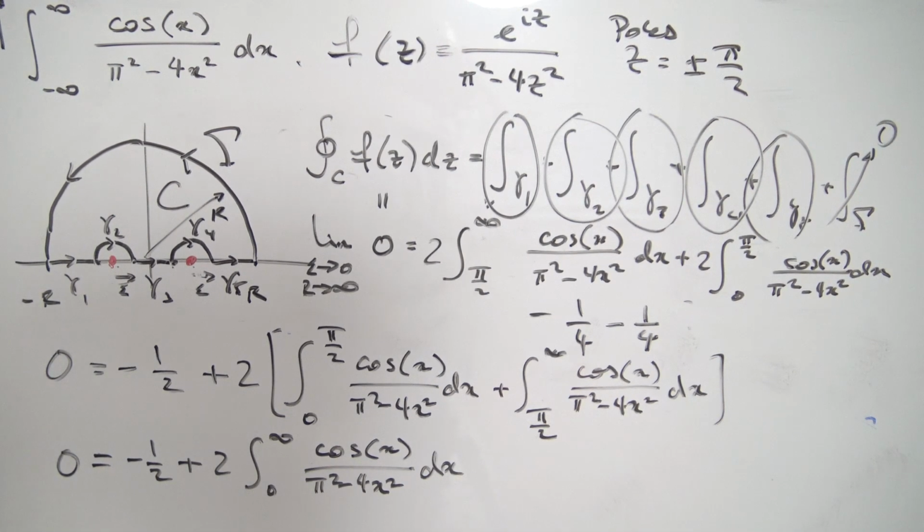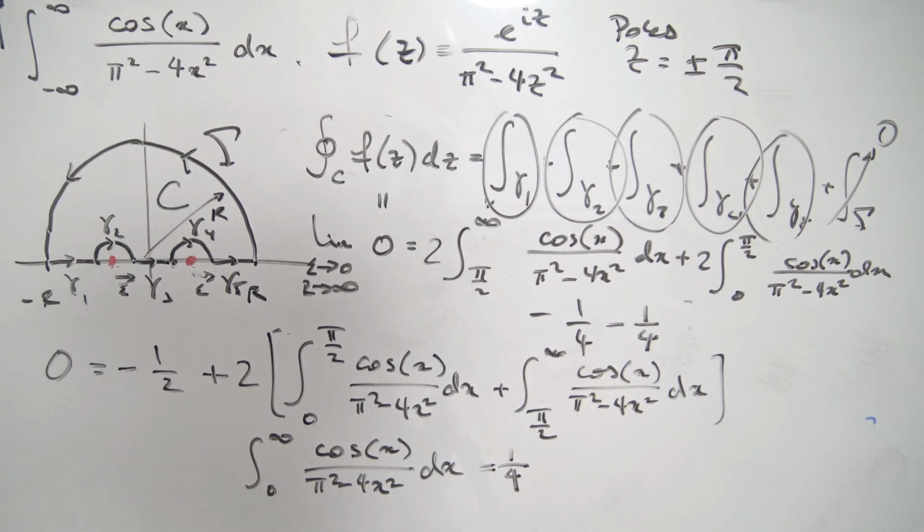And well, what can we do from here? We can move the 1/2 onto the other side, which means that we have half out here being equal to 2 times the integral from 0 to infinity. And to isolate this integral, we can divide both sides by 2, which means overall that the integral from 0 to infinity of this function right here is equal to a quarter.